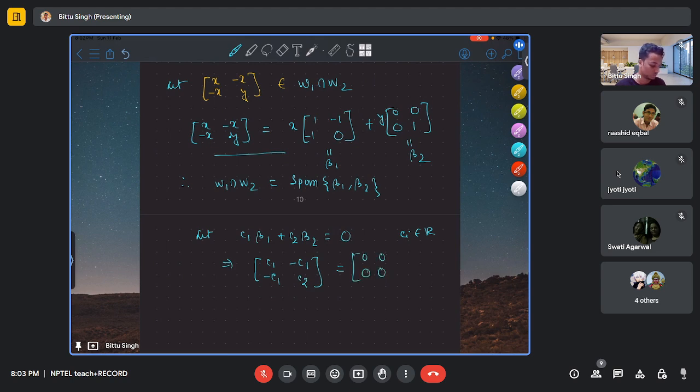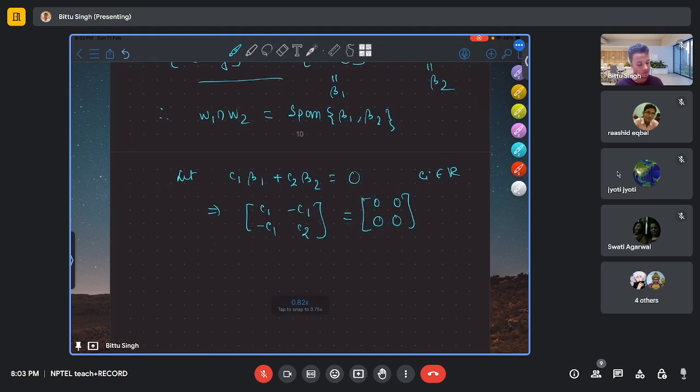Therefore, C1 is 0 and C2 is also 0. The other relations, minus C1 equal to 0, are redundant, since they already come from C1 equal to 0, so we have not written them.